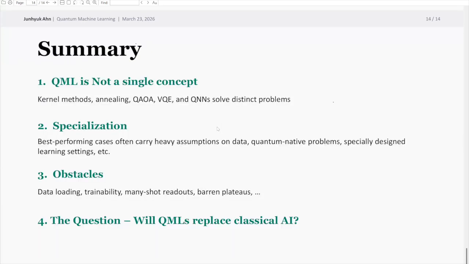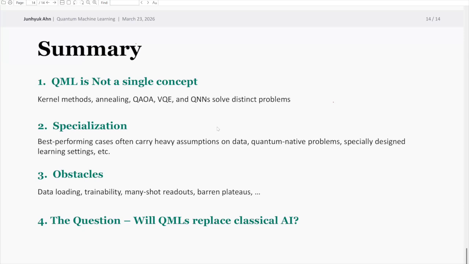So we looked at various QML methods. QML is not a single concept. In QML, there is a variety of applications from kernel methods, annealing, QAOA, VQE, and QNNs. They all solve distinct problems, and they have advantages in distinct problems on their own.